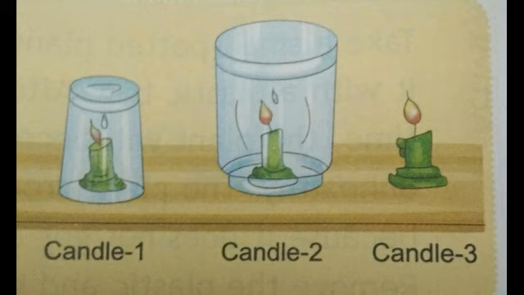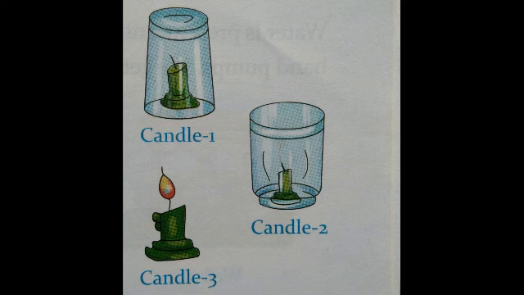Now, watch them flicker. What do you see? Candle 1 will stop burning first when covered. It will use all the air trapped in the tumbler. Candle 2 had more air trapped in the big jar, so it will burn a little longer than the first one.